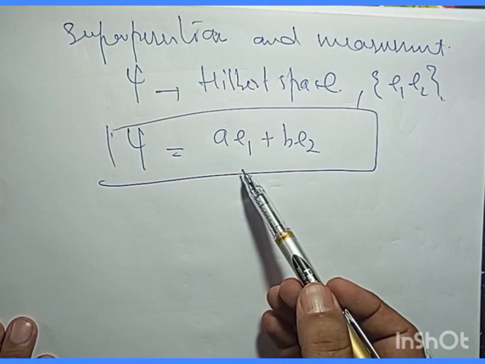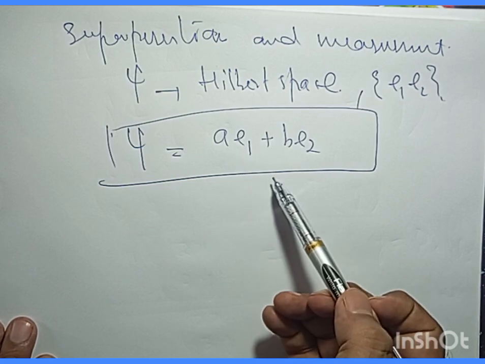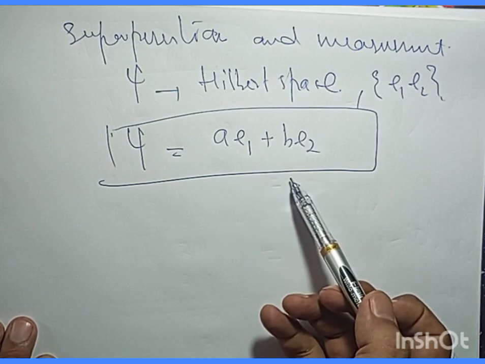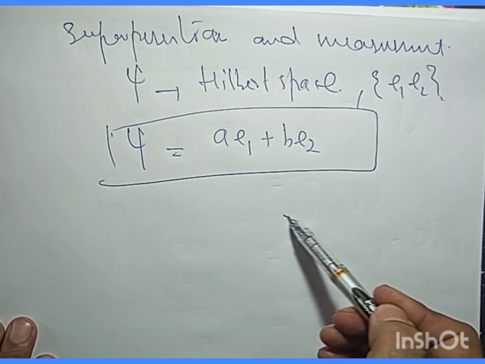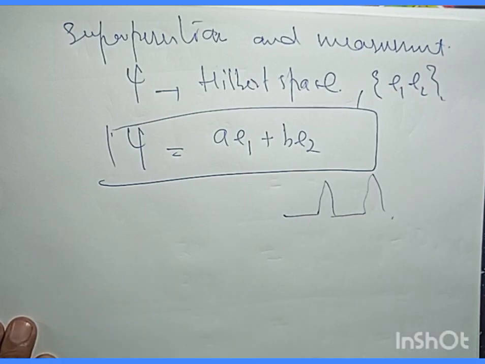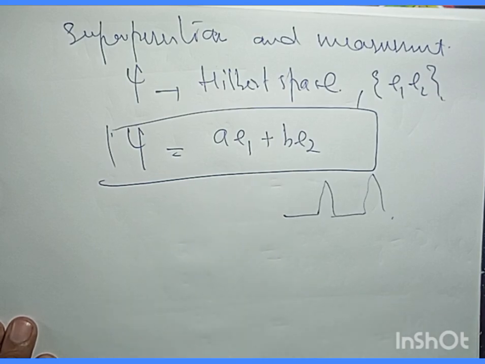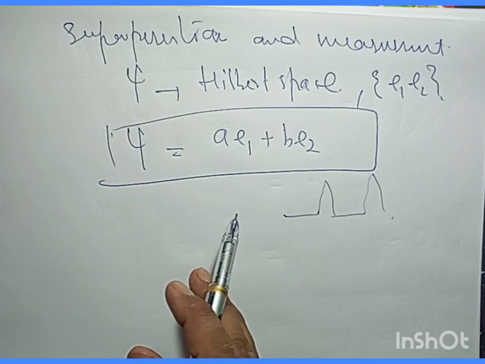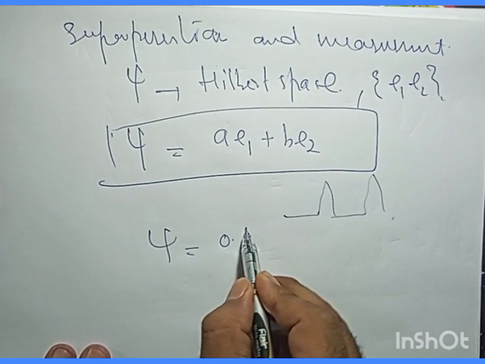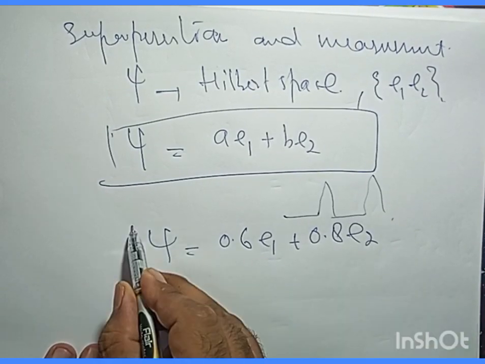Now, when we have to measure an observable, the possible outcomes are the eigenvalues of the corresponding operator, and the probability of each outcome is given by the squared magnitude of the coefficient in the superposition. We can take a simple example for it. Suppose this psi is 0.6 E1 plus 0.8 E2.